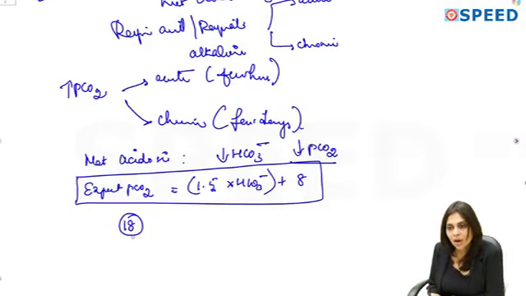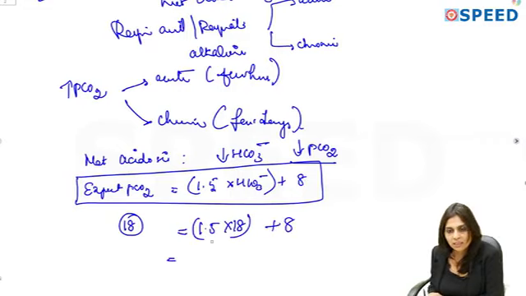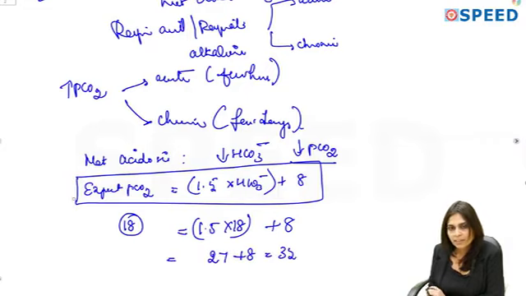In that case, how much should the PCO2 be reduced? Expected PCO2 is equal to 1.5 into 18 plus 8. What is 1.5 into 18? Into 1 would be 18, and then a half, so 18 plus 9 would be 27, plus 8 will be 35. Expected PCO2 is 35.